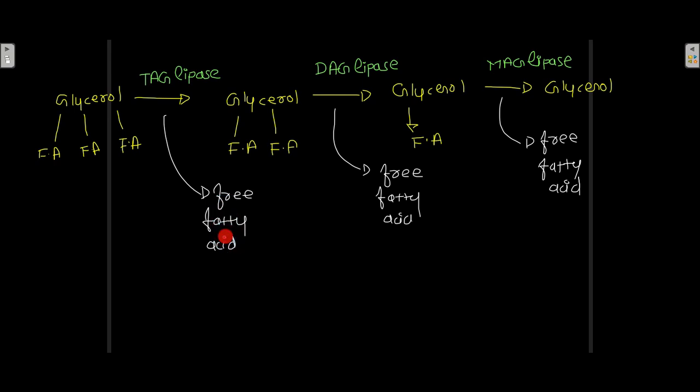Then DAG lipase acts, and again a free fatty acid is released, and then MAG lipase acts, and the last fatty acid that is attached is also released, and then you are left with 3 fatty acids and 1 glycerol molecule. That is how the liberation of fatty acids from triacylglycerol in adipose tissue looks like.